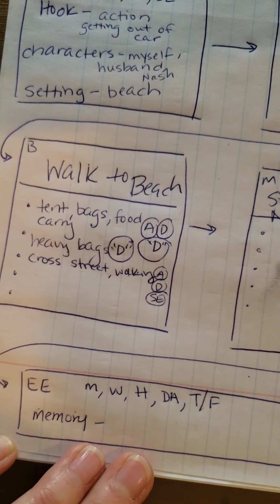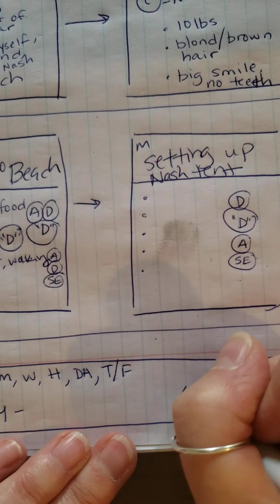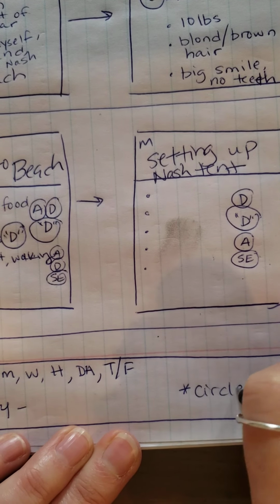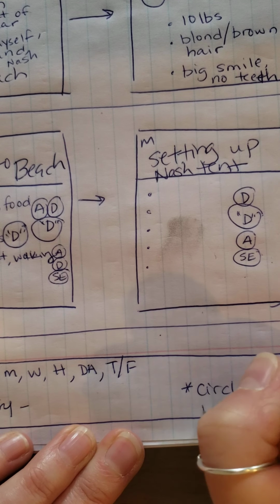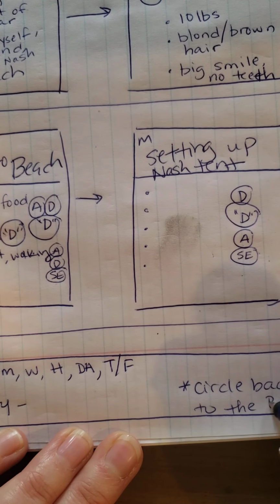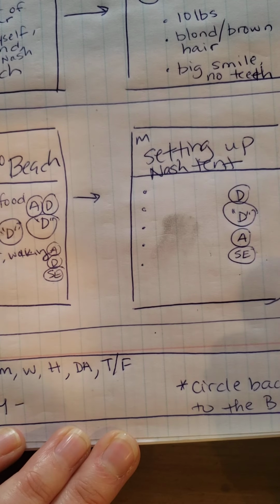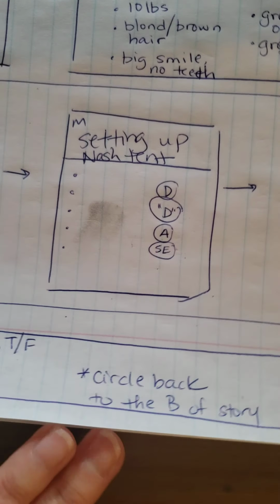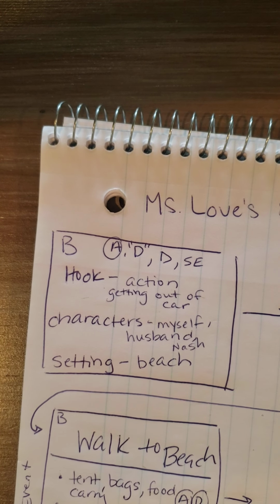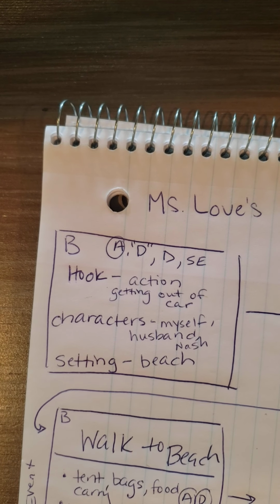And it's really important that the end of your story circles back to the beginning of your story. Not the beginning of your main event, but the beginning of your overall story. So the beginning of my story was getting out of the car and we're at the beach and I'm with my husband and my son.